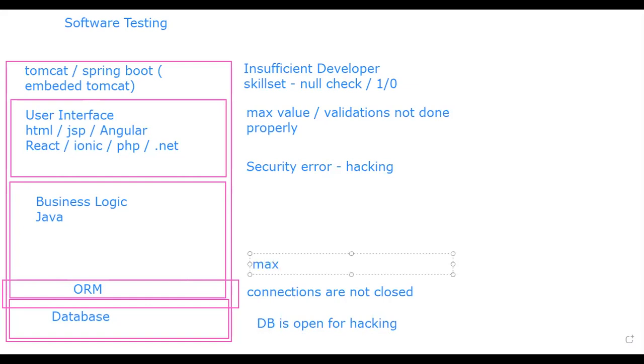The max length of the DB, the UI and the business logic doesn't match, right? This is a big issue. If in a table the username column we have given as 50, then on the screen also we should be capturing only 50.